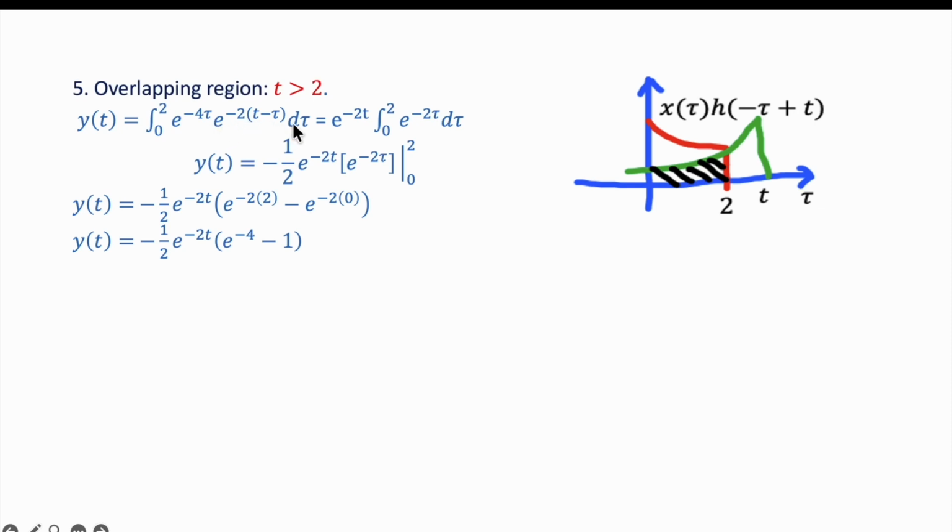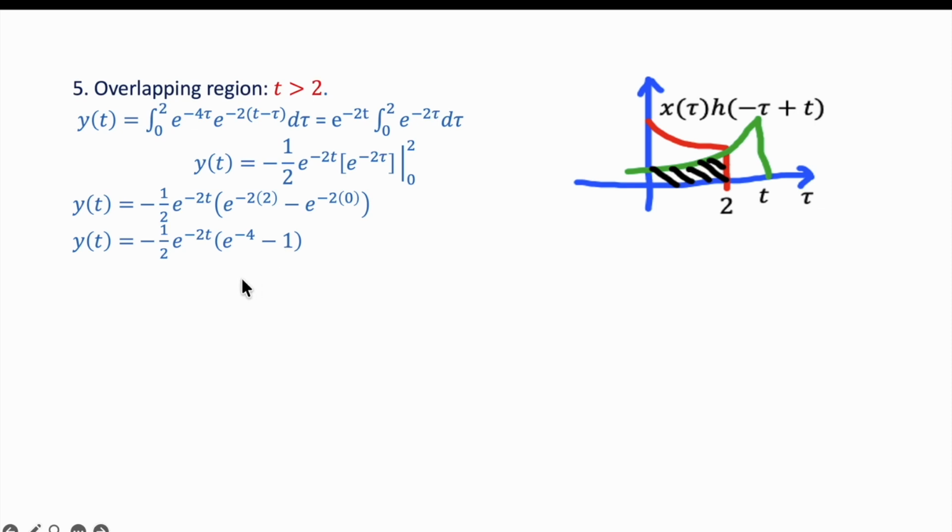If you take the integral of this one, then the answer will be equal to minus 1 by 2 e raised to minus 2t e raised to minus 2 tau, with the limits 0 to 2. If you insert the limits, then the answer of y of t is equal to minus 1 by 2 e raised to minus 2t times e raised to minus 4 minus 1.